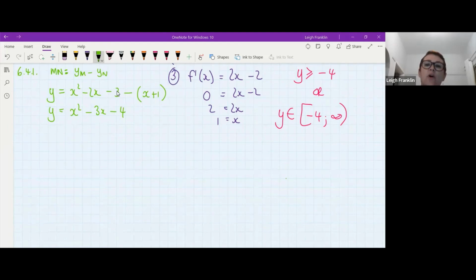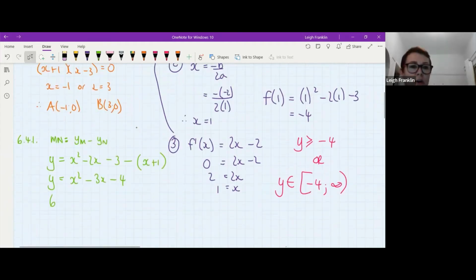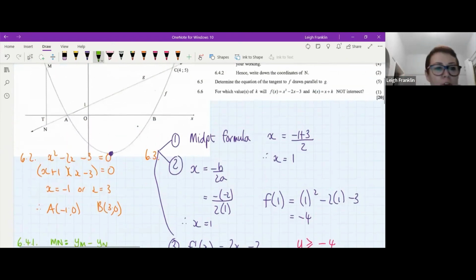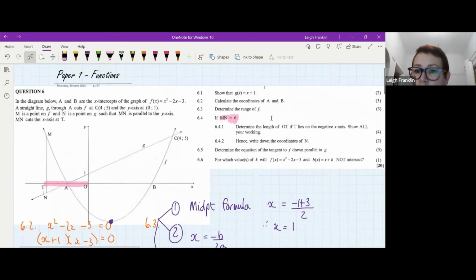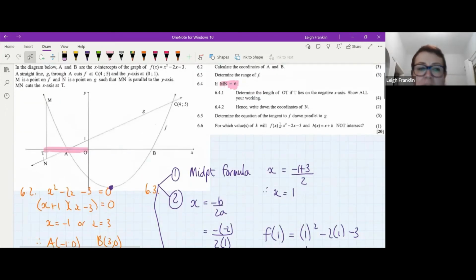Because remember, it's X that we are solving for because they wanted to know the length of OT. So they wanted to know a horizontal distance. If we want to know what a horizontal distance is, we need the X coordinate at this point so that we can work out the length of OT, which is what the question asked us to do. So calculating the length of OT means we need to calculate what the X is at T.